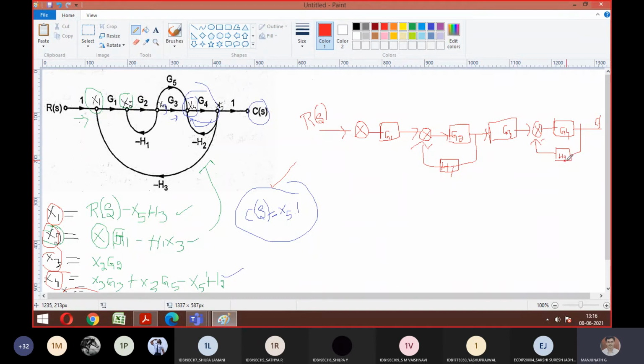Then you have H3. H3 is between what and what? Between x5 and x1. It means from this node to this node, I need to connect one block called H3. Is that how it looks? So this is your minus symbol.